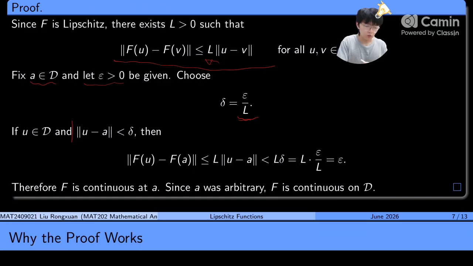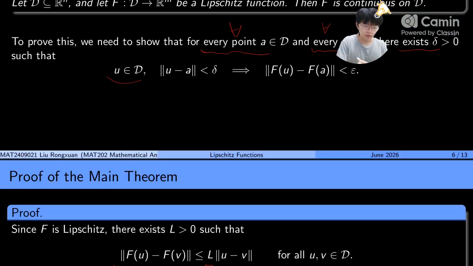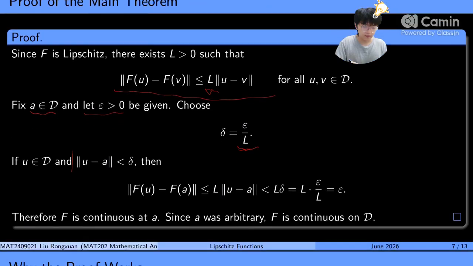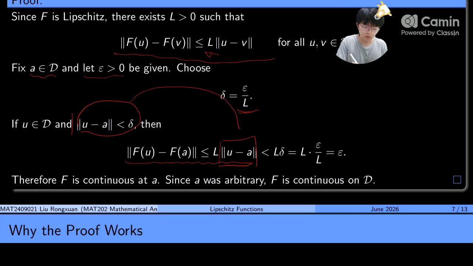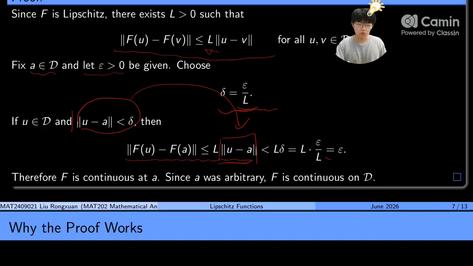We know u is in D and the distance between u and a is less than delta. We use the definition of the Lipschitz function and plug this in, and we get L times delta. Then we use delta equal to epsilon over L, so this is equal to epsilon.